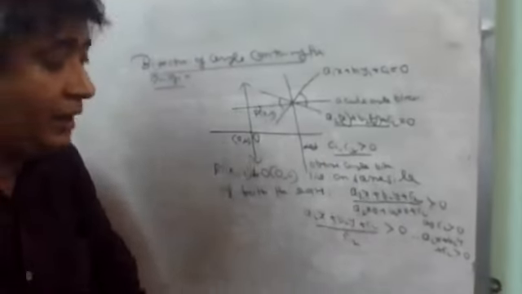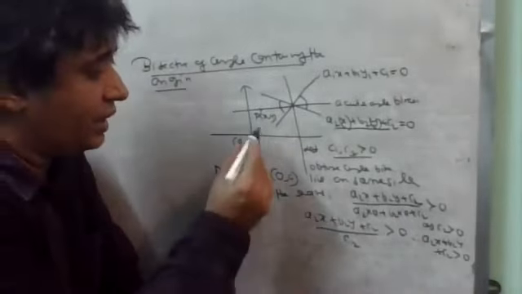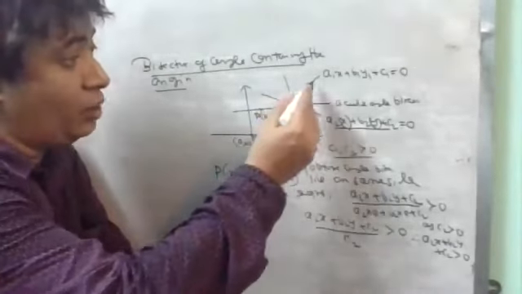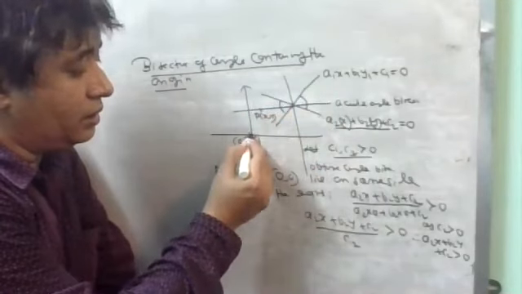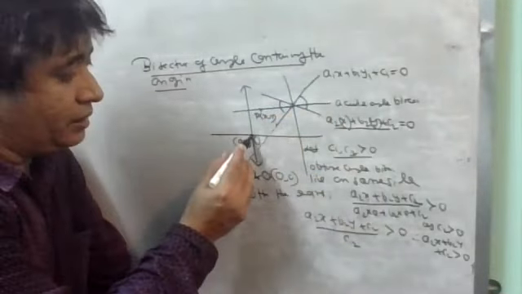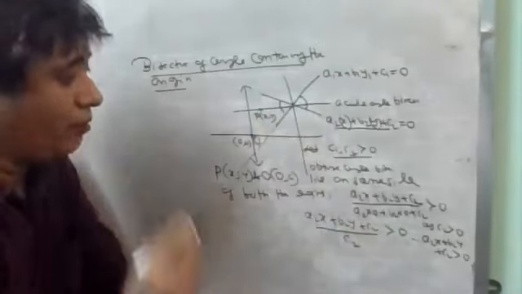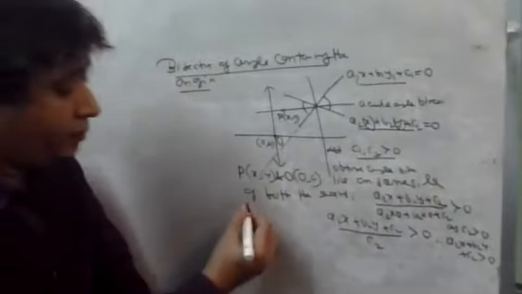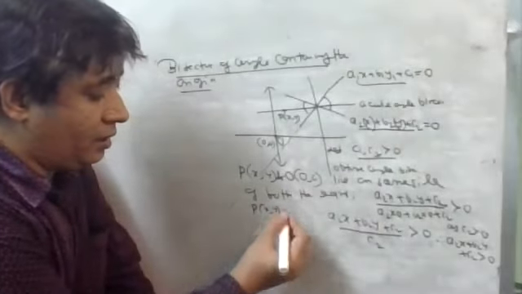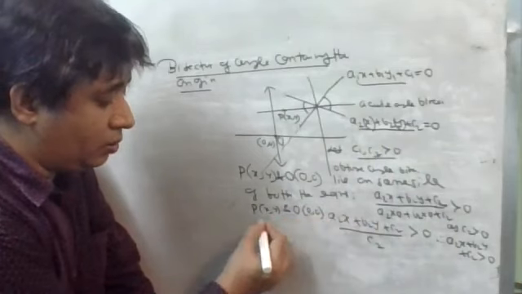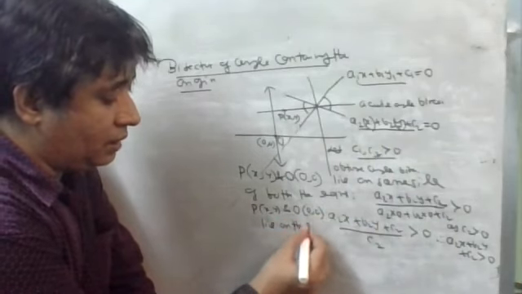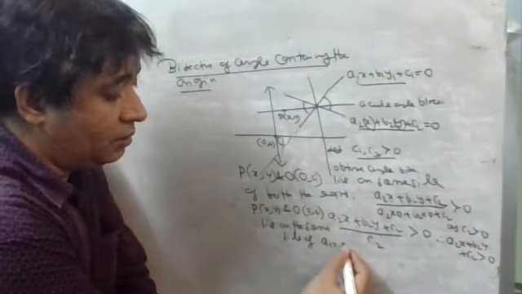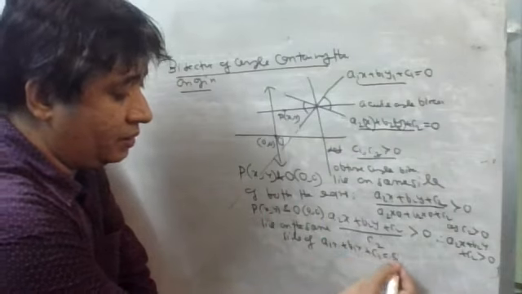Okay. In the same manner, you see that the point (x, y) lies on the same side of that line also. See, if I produce this line, this point and this point lie on the same side of this line also. In the same manner, (x, y) and origin (0, 0) lie on the same side of a1x + b1y + c1.